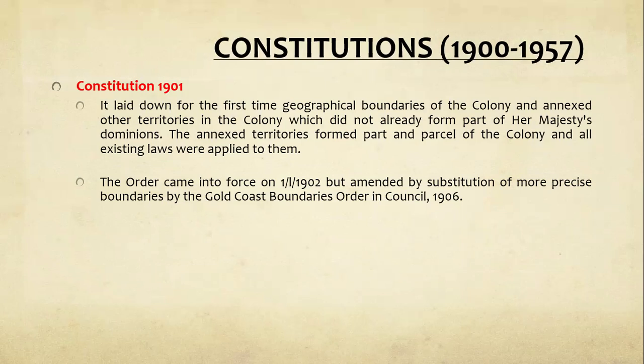Now, this order in council, which ushered the 1901 Constitution, actually came into force on 1st January 1902, but was subsequently amended by substitution of a more precise boundaries by the Gold Coast Boundary Order in Council 1906. Now, let me give you a little bit of explanation as far as the Order in Council and all those things are concerned.